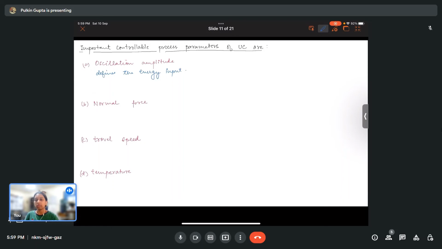And for a given material combination, oscillation amplitude and frequency of the sonotrode determine the amount of ultrasonic energy available. So oscillation amplitude plus frequency gives your ultrasonic energy available.